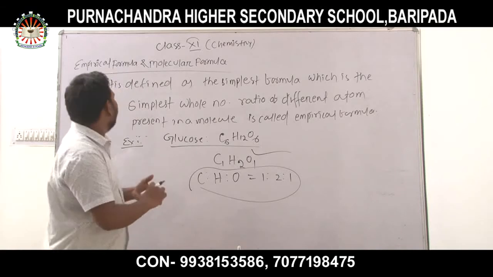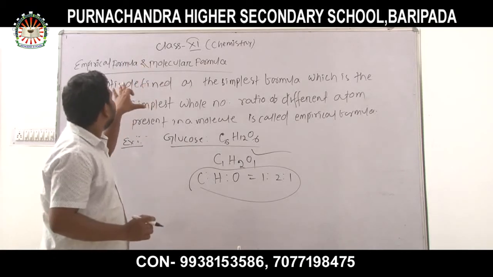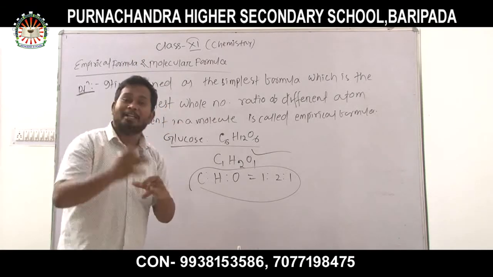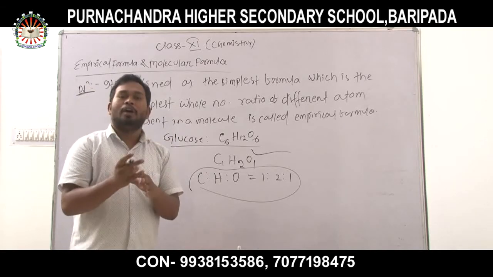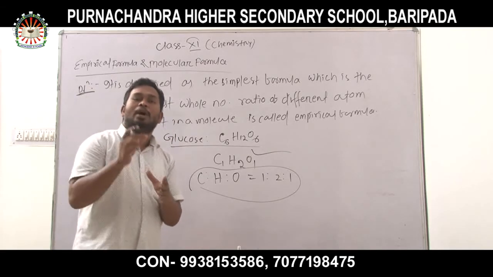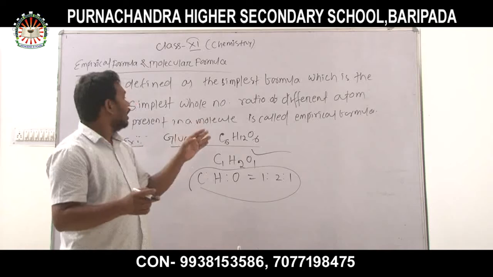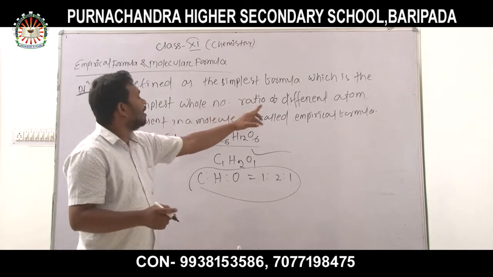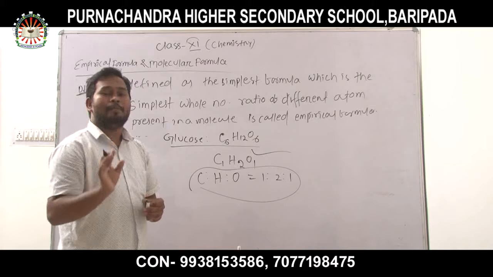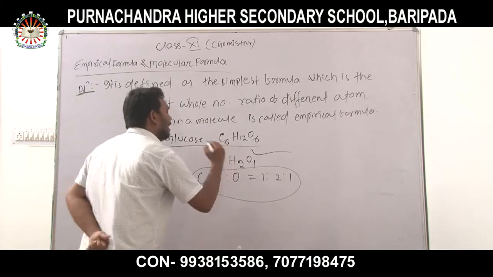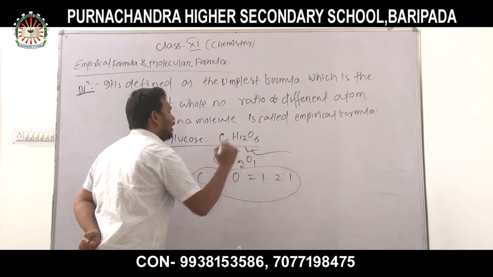Again I repeat that. What is the definition of empirical formula? Empirical formula is the simplest formula which has the simplest whole number ratio of different atoms present in a molecule. In glucose, the different atoms are carbon, hydrogen, and oxygen.